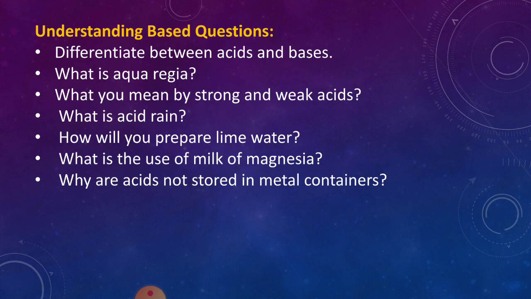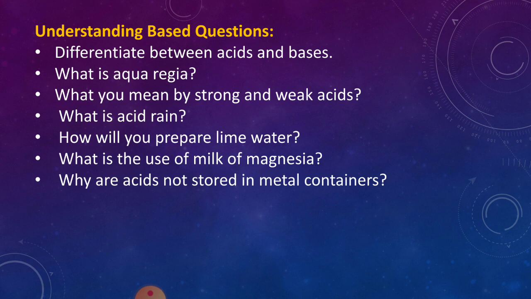So students, this is all about the first part of this chapter. In the next part we will study about indicators, different types of indicators, natural and artificial indicators. Then we will study about the neutralization reaction also. First of all, for understanding these topics, you must know everything about acids and bases.